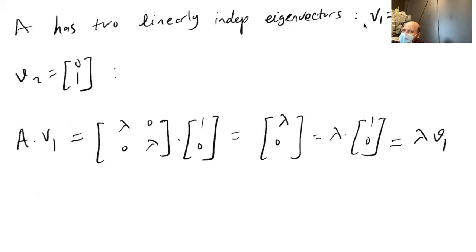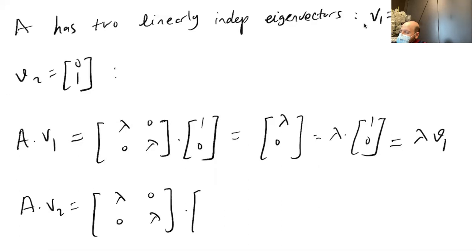Similarly, A times V2 is [lambda 0; 0 lambda] times (0, 1), which is (0, lambda).